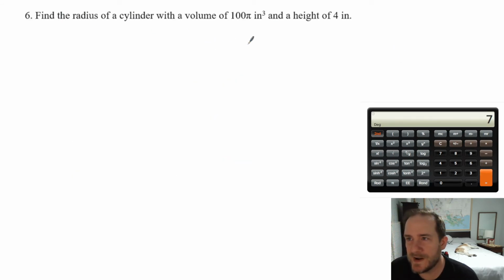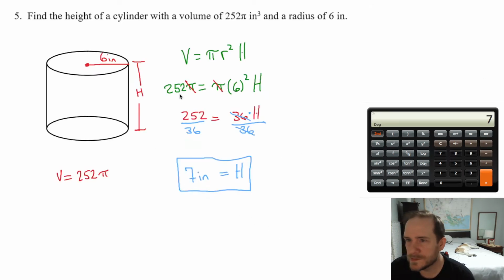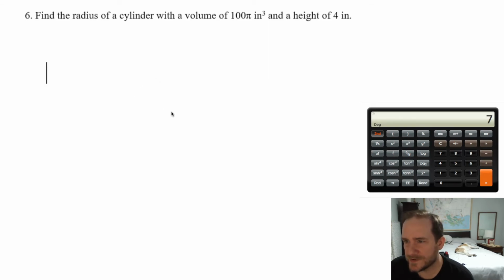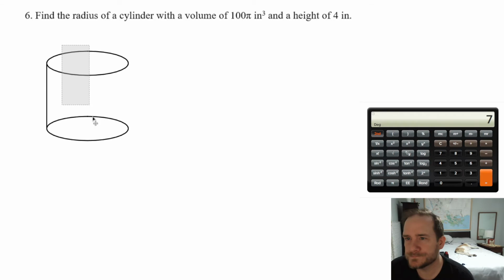This one says, find the radius of a cylinder that has a volume of 100 pi cubic inches and a height of 4. Okay. Let me just sketch out another cylinder.